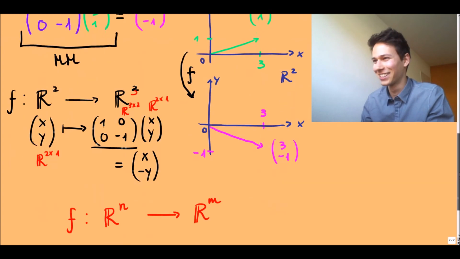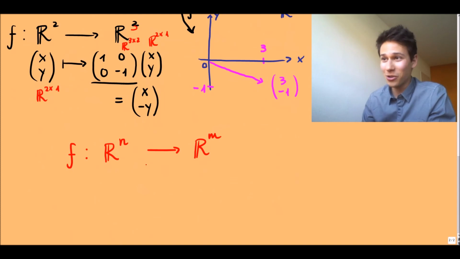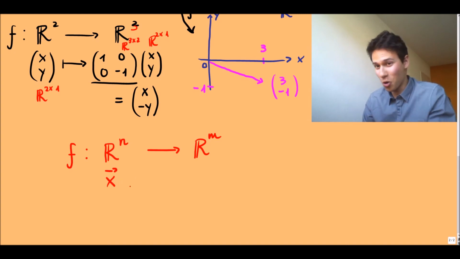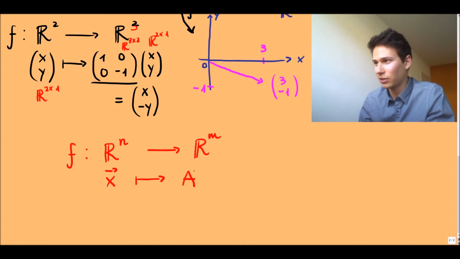All right. So now, in general, we have this, and you have some argument, which is the vector x, and this is an element in Rn. So this vector has n rows, and this gets mapped by some general matrix A, and now the dimensions are m cross n times your vector x.